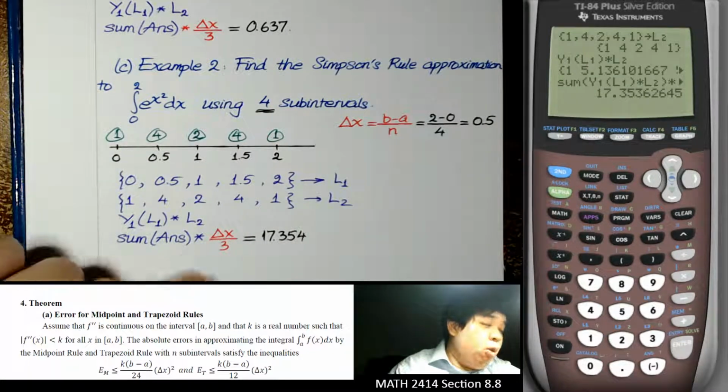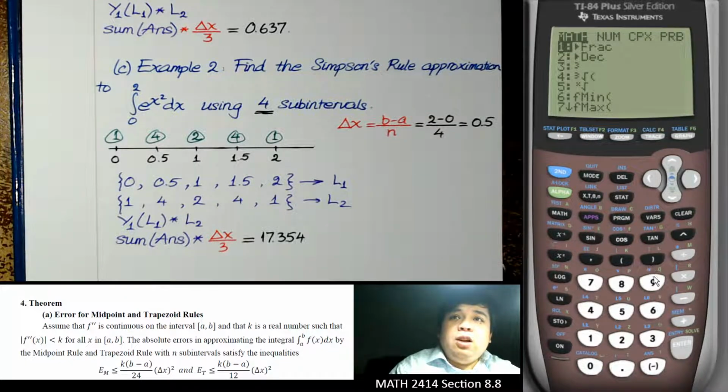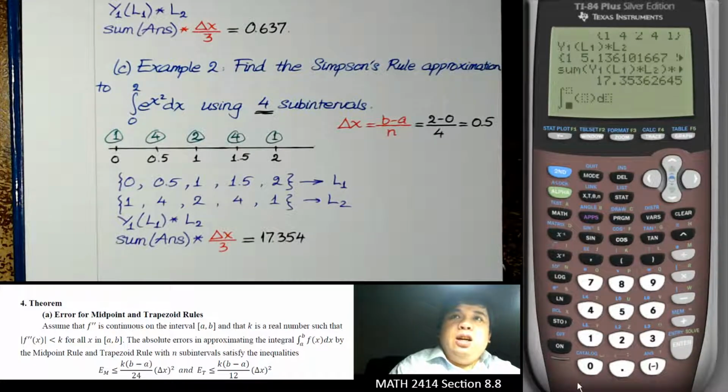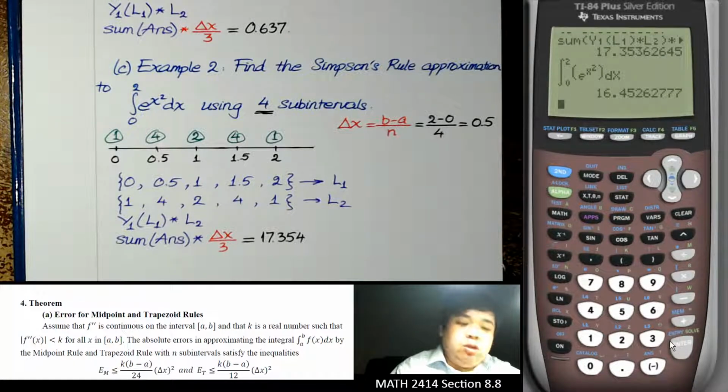Usually this is an approximation. We might want to hit math, go to option number 9 here, just integrate and see how good the approximation is. e to the x squared dx.